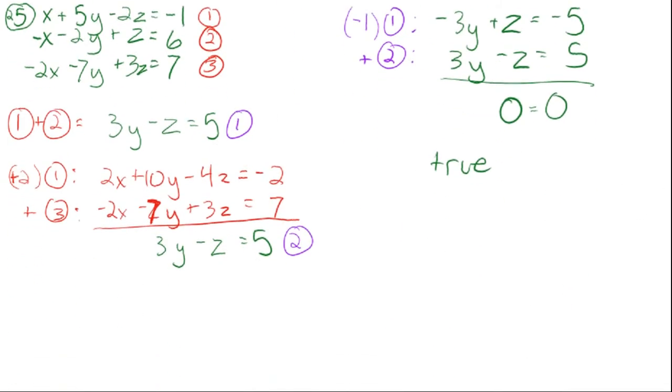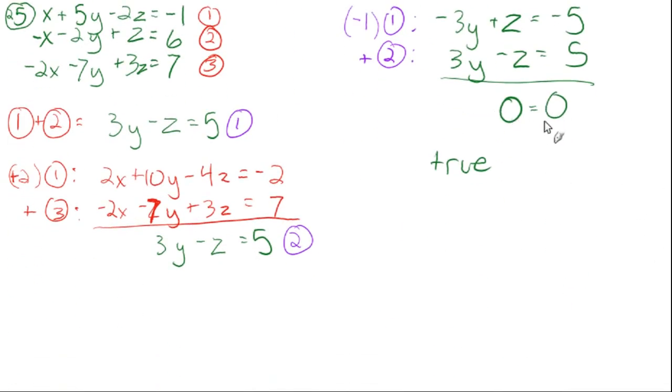There's nothing that we can do to make this equation false. There's an infinite supply of ordered triplets that we can plug in for x, y, and z in all three equations and get all three equations to be true. Okay, so this would be an infinite number of solutions.